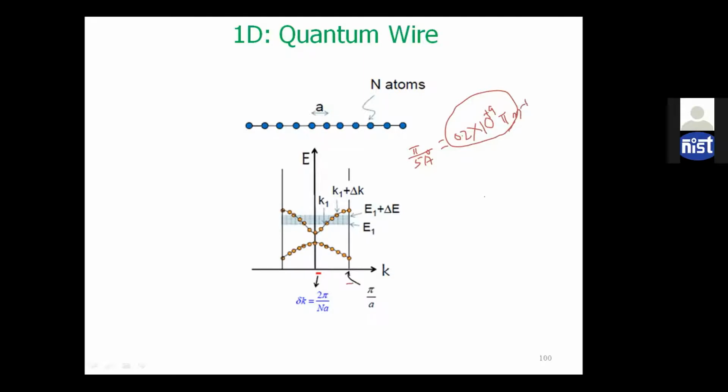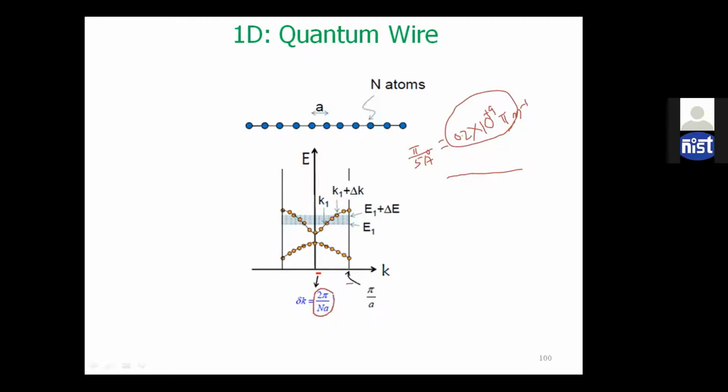Let us make a one-dimensional structure. The gap between two k values, delta k, is 2 pi by na.